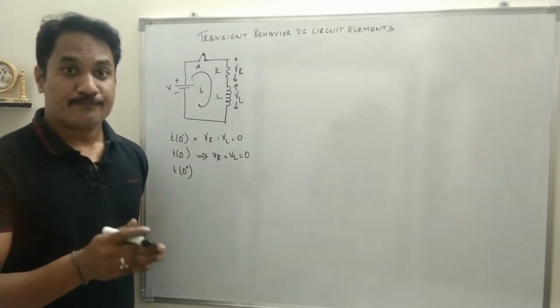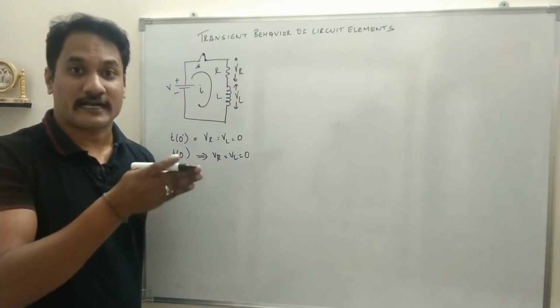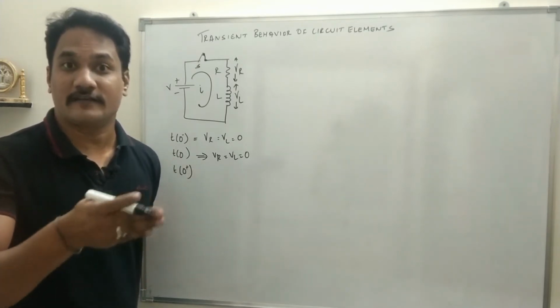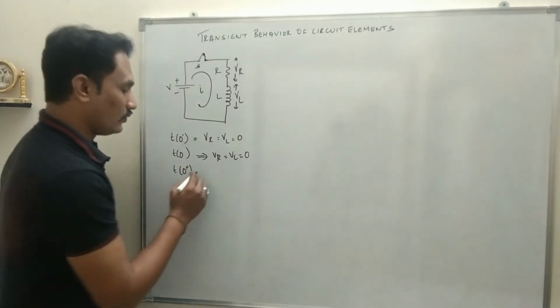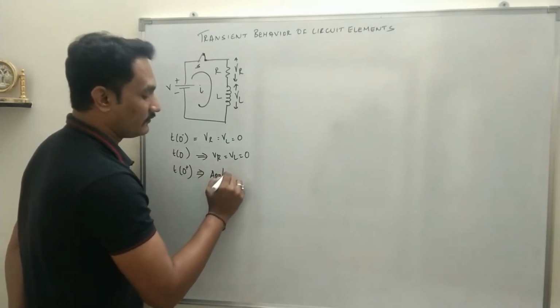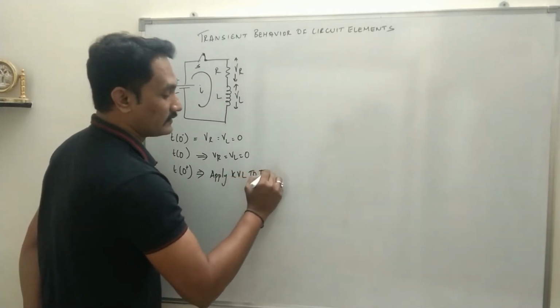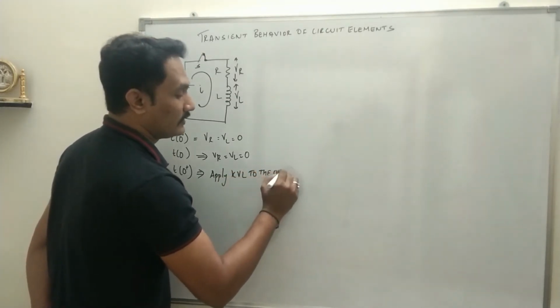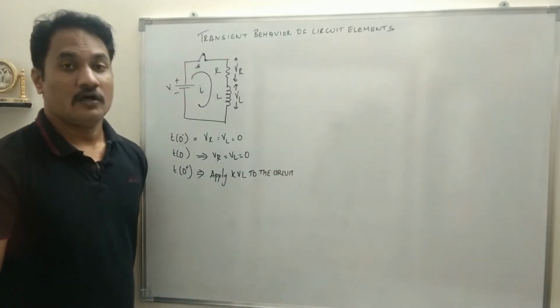Now once the circuit has been switched on for a considerable period of time, that is t equals 0 plus, to understand the circuit we will apply KVL to the circuit. So what is Kirchhoff's voltage law?